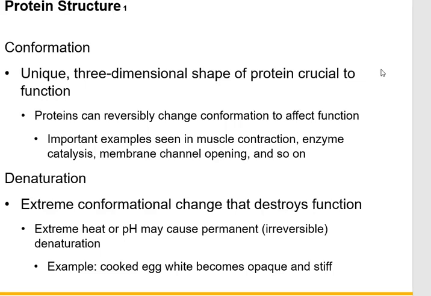But once I've made it and I've done the dehydration synthesis and made the peptide bonds, now I need to fold the protein up so that it can perform whatever function it needs to do. So you have a secondary structure, and that would be like a Lay's potato chip. It's a beta pleated sheet. So it goes up, it goes down, it goes up, it goes down, just like a Lay's potato chip.